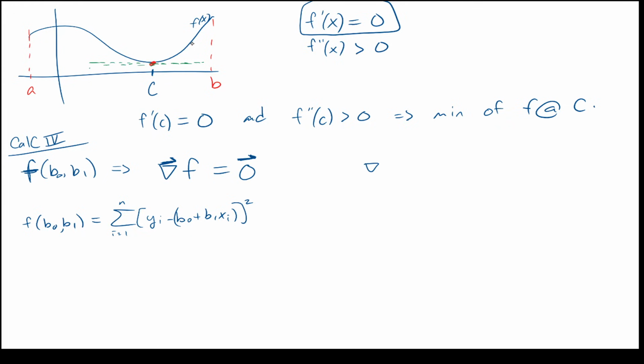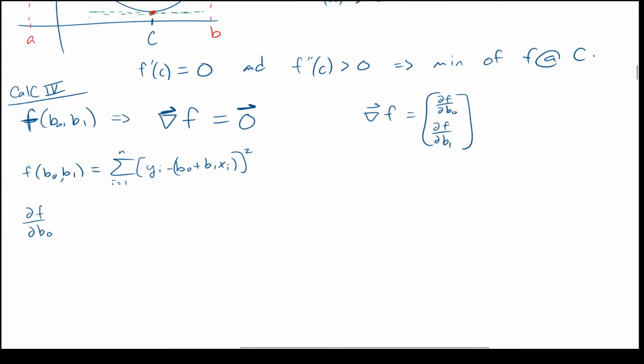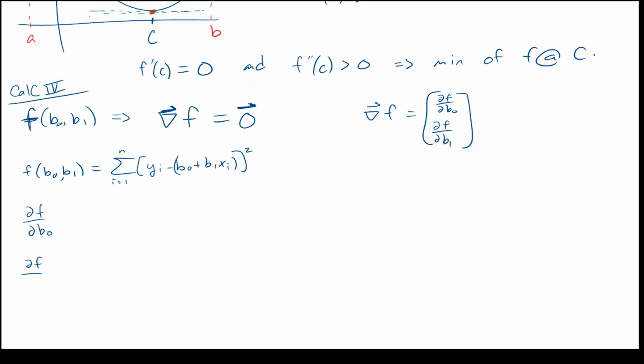Well, the gradient of the function is something we call a vector, and it's the partial derivative of f with respect to the first variable, in this case b0, and then partial f with respect to the second variable, b1. So that's the gradient of this function. So what we need to do is calculate partial f, partial b0, and partial f, partial b1.